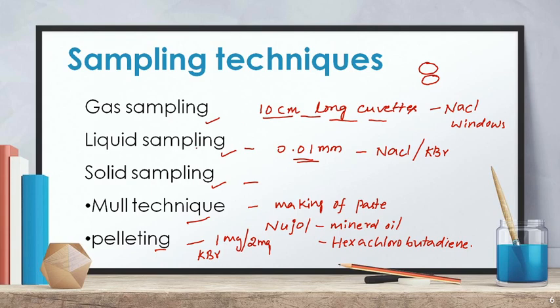So these are the sampling techniques. One is gas sampling, second is liquid sampling, third is solid sampling. Solid sampling has the mull technique and the pelleting technique. Most probably we use the pelleting technique, though the mull technique is also used.